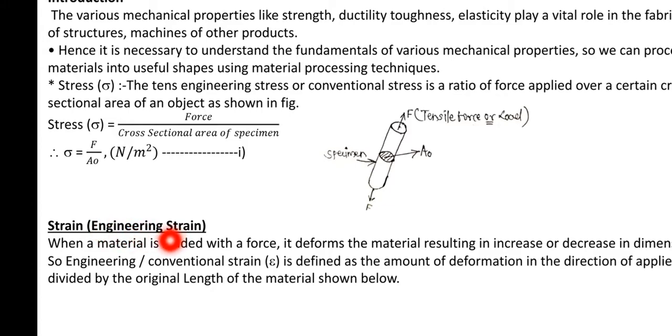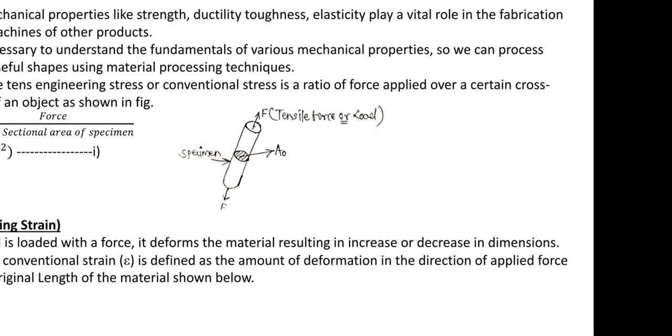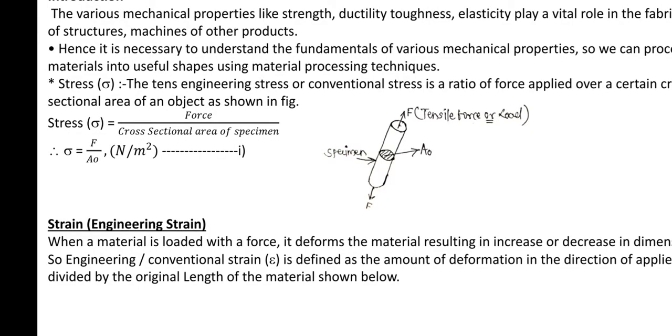Strain, also known as conventional strain or engineering strain. When a material is loaded with a force, it deforms, resulting in an increase or decrease in dimension. So engineering or conventional strain epsilon is defined as the amount of deformation in the direction of applied force divided by the original length of the material, as shown below.